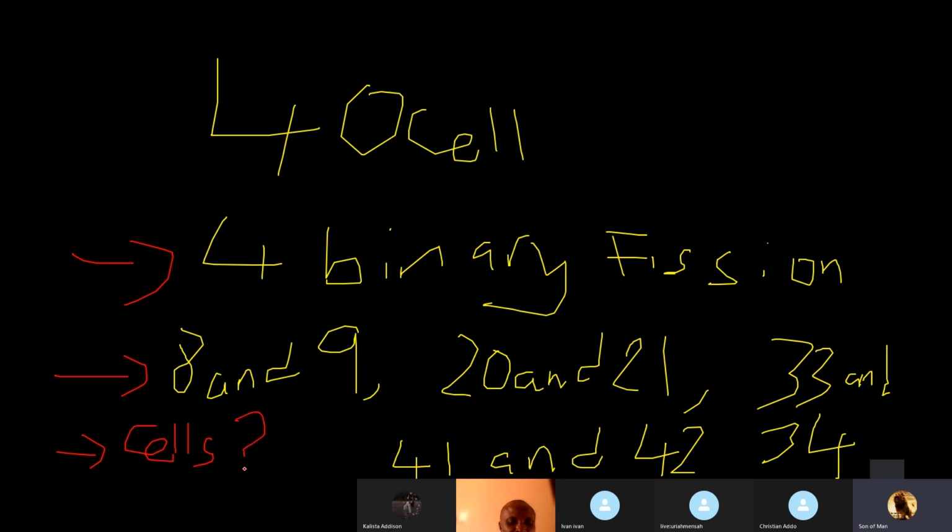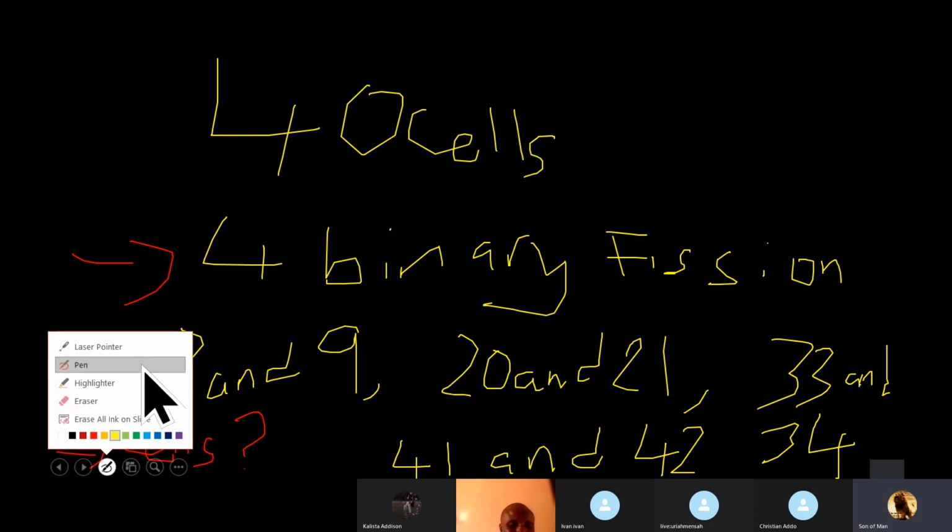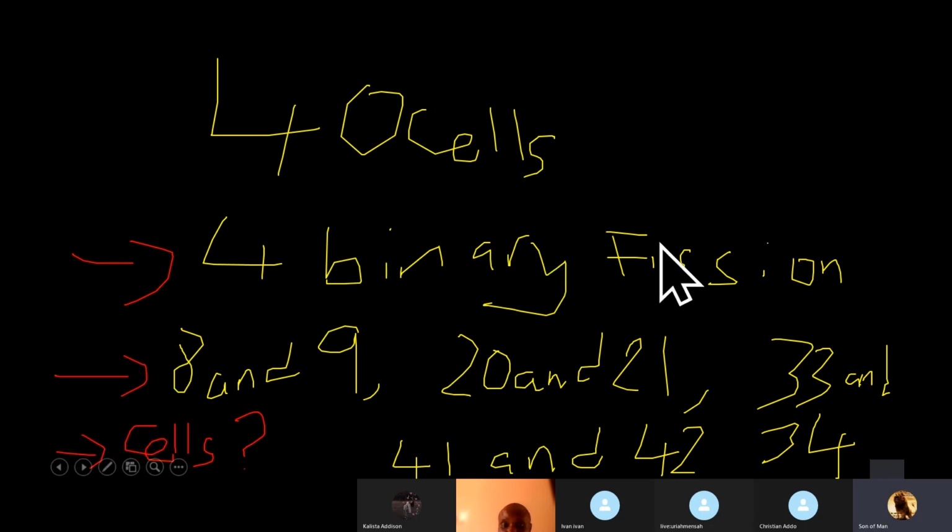I repeat the question. So initially we had a Spirogyra filament of 40 cells. And out of the 40 cells, we had 4 cells at random undergoing binary fission.